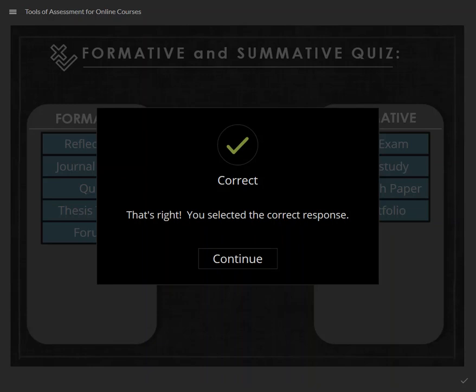Now, how could you do this formally? Again, you have a formative assessment that's being done formally in that there is a grade attached to it. How would you do this in a face-to-face class? Pop quiz. You got it. Pop quiz at the start of a class. Have you read the material?